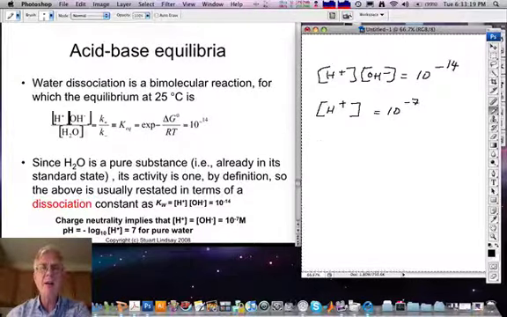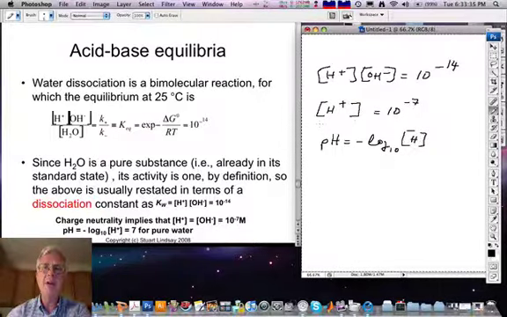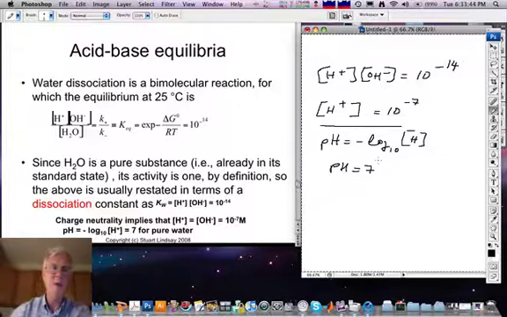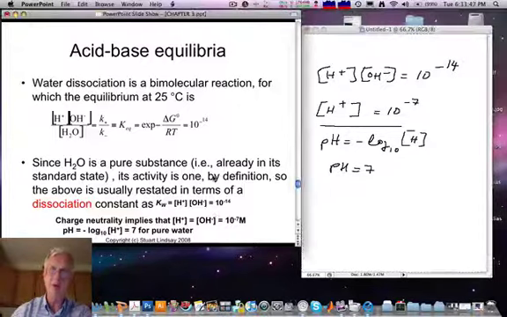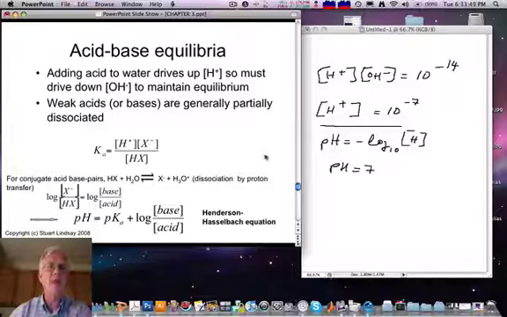We define a useful quantity, which is the pH, as minus the logarithm base 10 of the activity of protons. And so you see therefore that in neutral water the pH is 7, as is probably well known to all of those of you who've had to look after swimming pools.